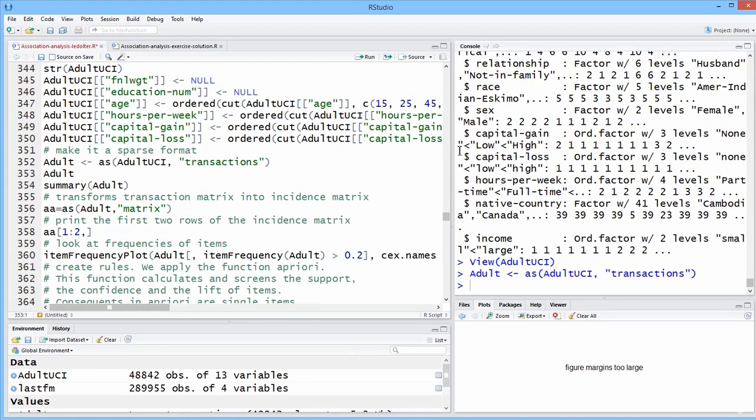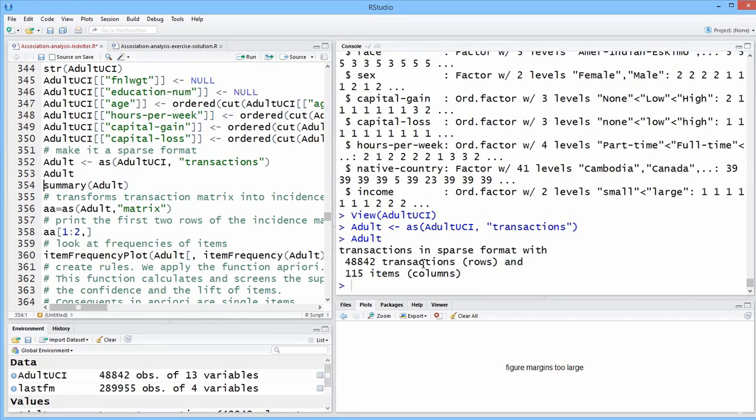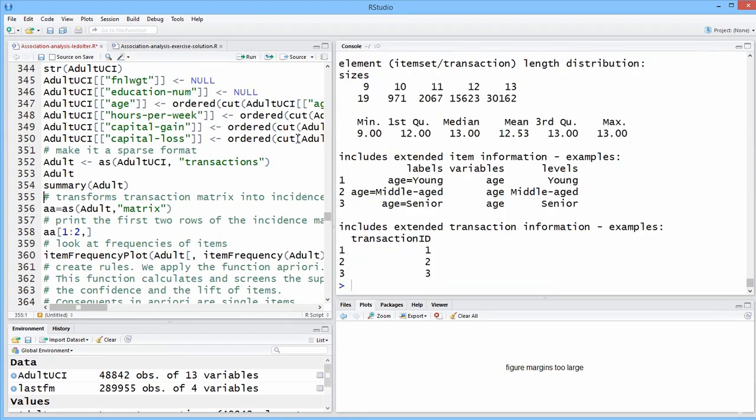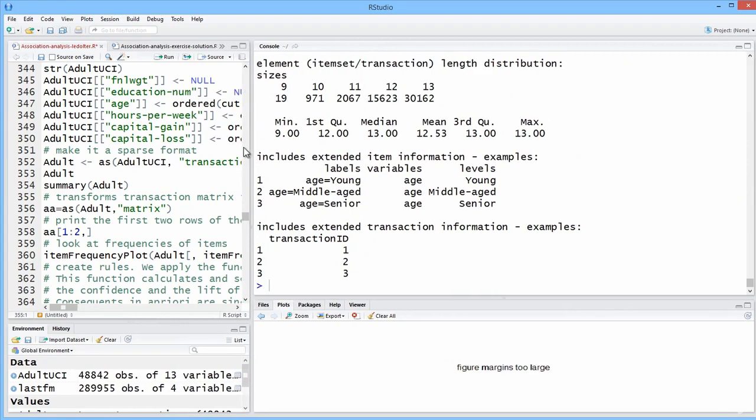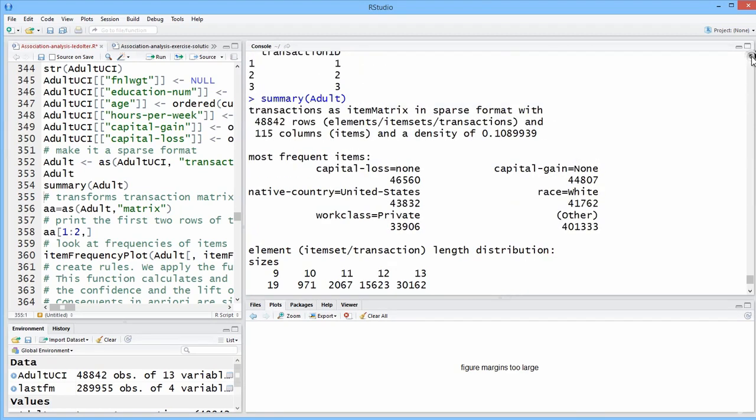If we try to express it so we can see what it looks like over here, we can no longer examine the whole thing. It just tells us. And you can use summary, however, with a sparse matrix. And summary, let's take a look at this. It will, first of all, give you the dimensions, the number of rows and columns, with a density, and I believe this means density, I'm not sure.